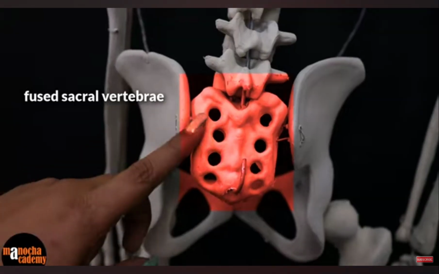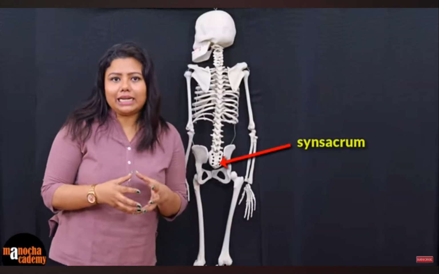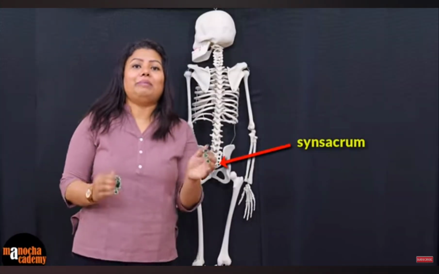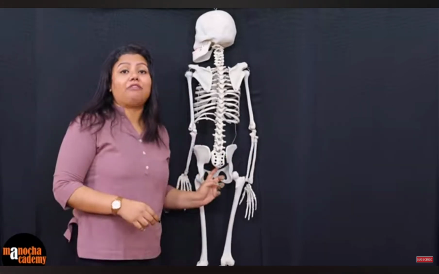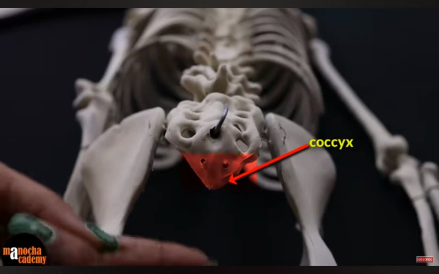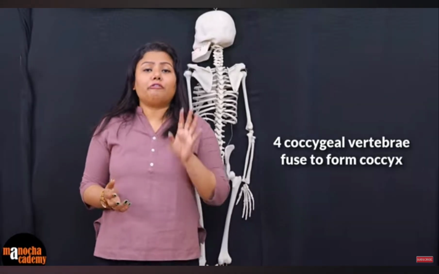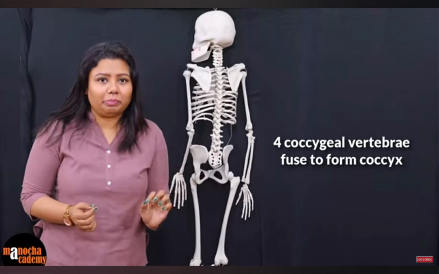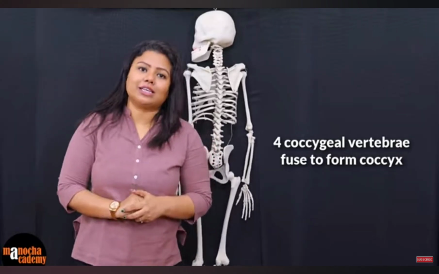So 1, 2, 3, 4 and 5 vertebrae joined together. We call this the synsacrum. The word syn meaning joint, and sacrum. And last but not the least, we have the tailbone or the coccyx, which is present here at the tip. Usually there are 4 coccygeal vertebrae, but when they join together, they form a single coccyx.